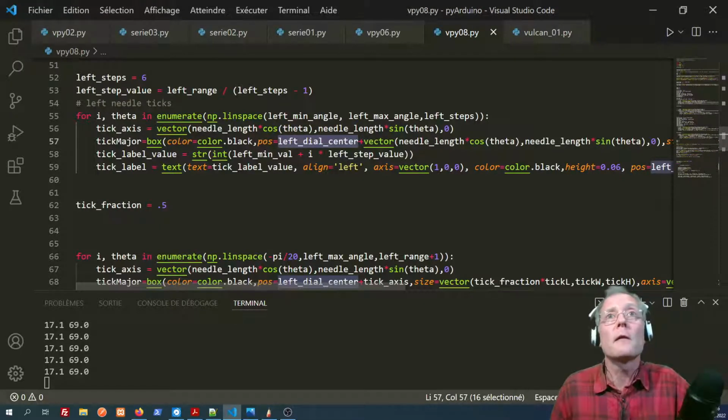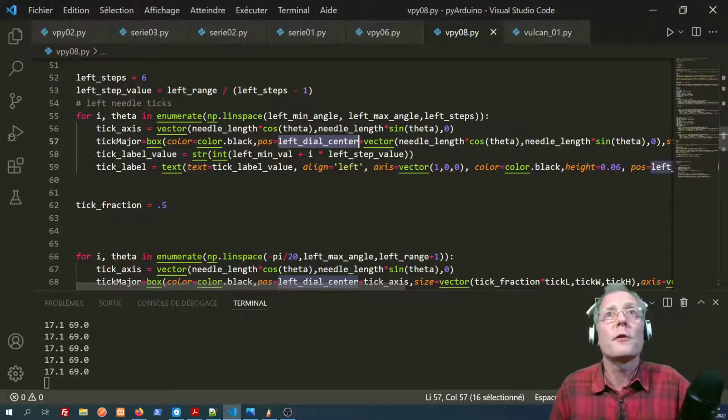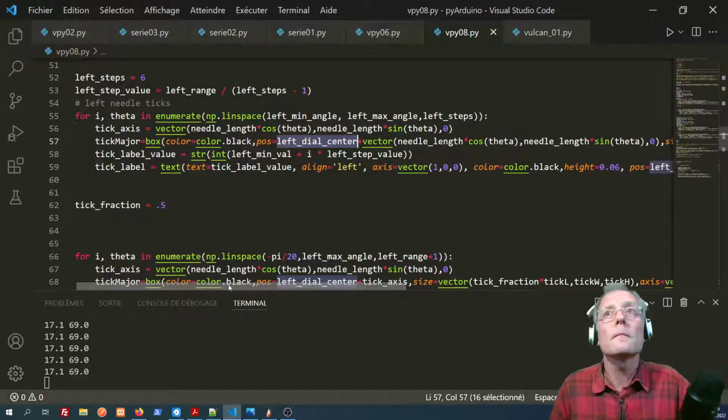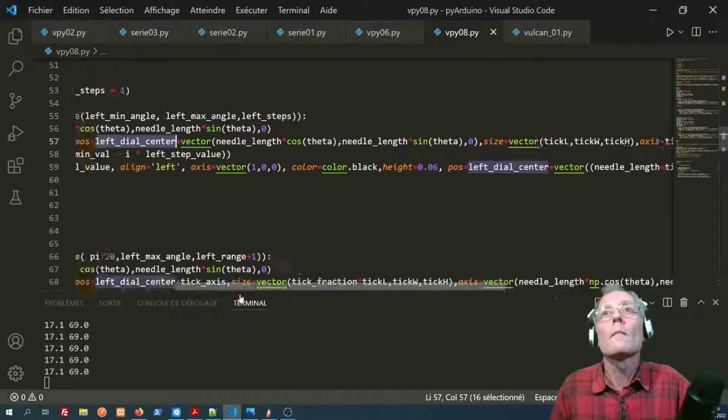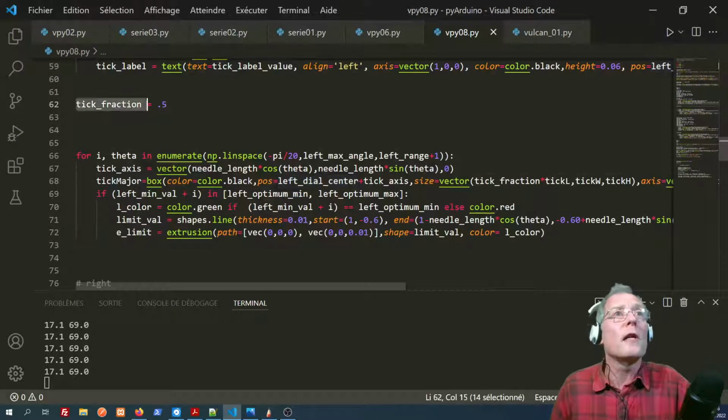So we just add the vector, the computed vector here. We just add it to the left dial center, which will give a relative position here.